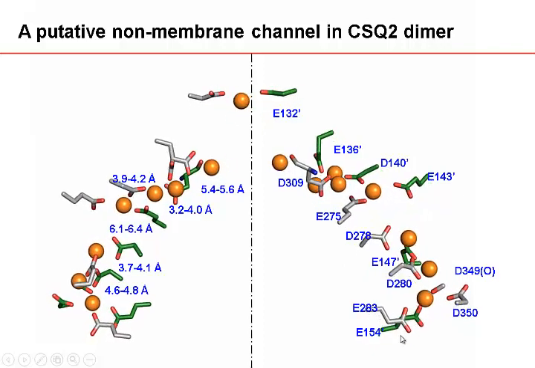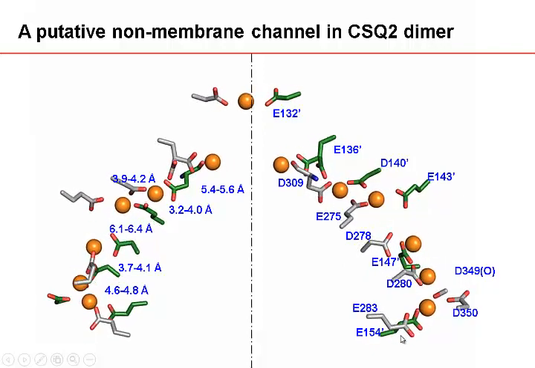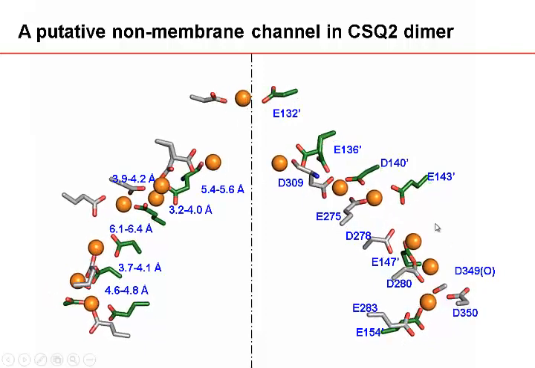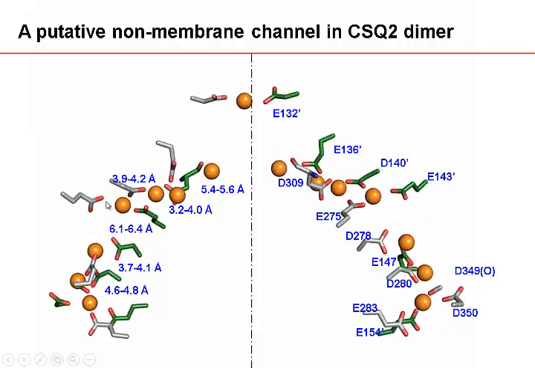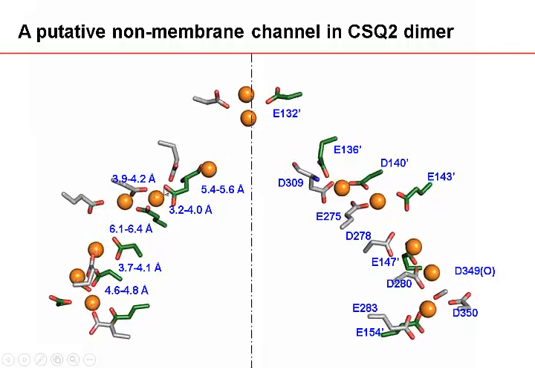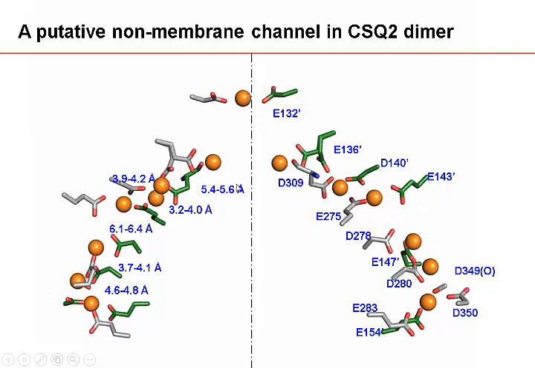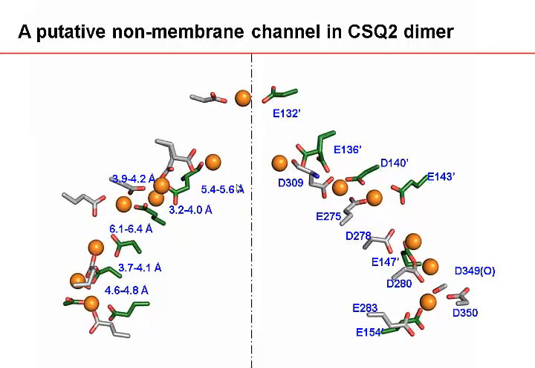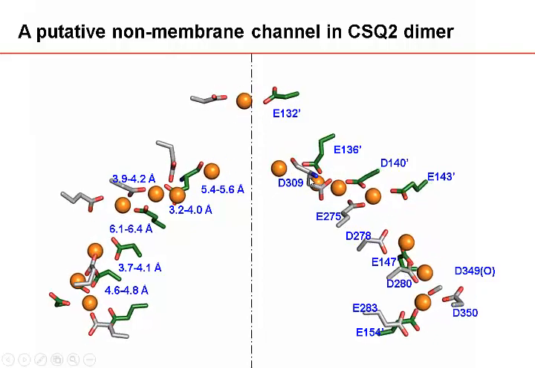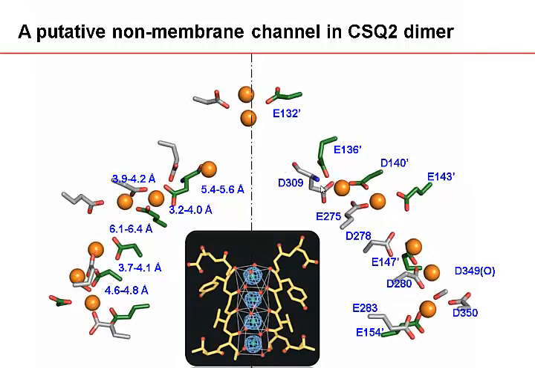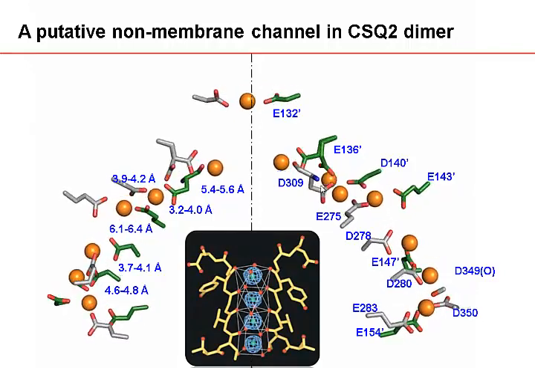This is a summary of calcium positioning collected from 14 monomers. We can see that both calcium ions and residue side chains exhibit dynamic flexibility. We speculated that these calcium ions may move among the adjacent residues, similar to the movement of potassium ions through the pore of a potassium channel.